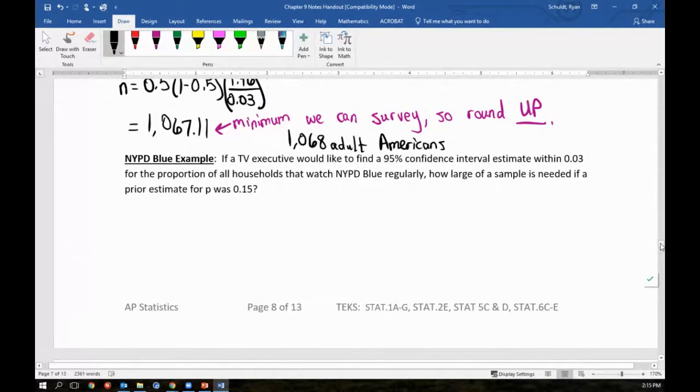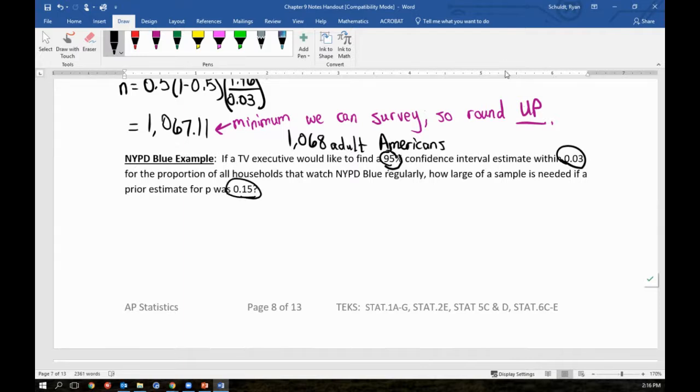Okay, next example. If a TV executive would like to find a 95% confidence interval estimate within 0.03 for the proportion of all households that watch NYPD Blue regularly, how large of a sample is needed if a prior estimate for P is 0.15?